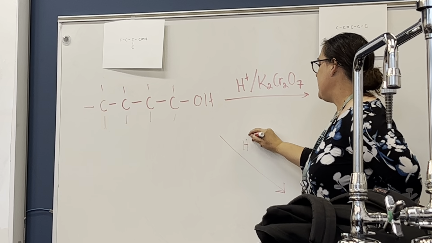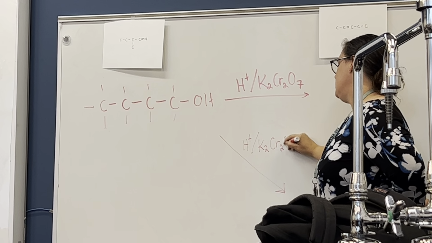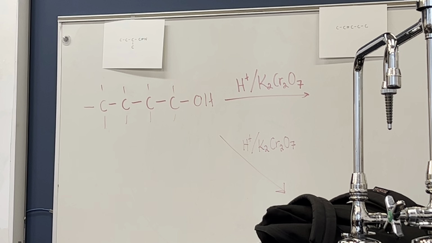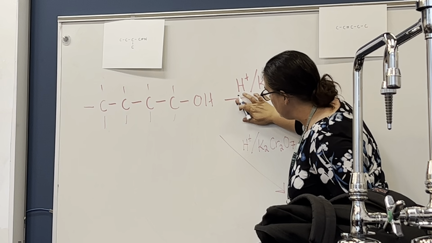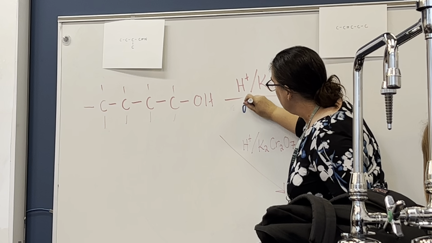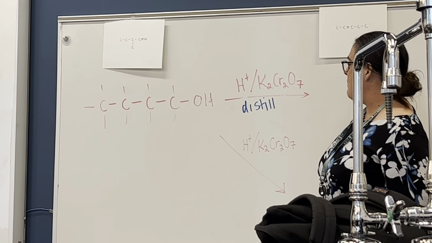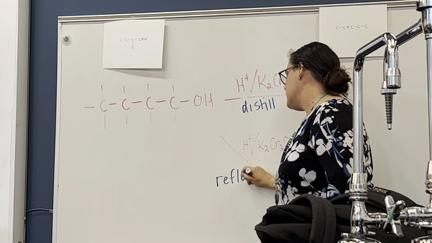I'm going to draw you 2 of those. It ends up that this reaction is quite slow, and so what we're going to do is heat it up. And in one case, I'm going to describe the heating process as distill. And in the other case, I'm going to describe that heating process as reflux.